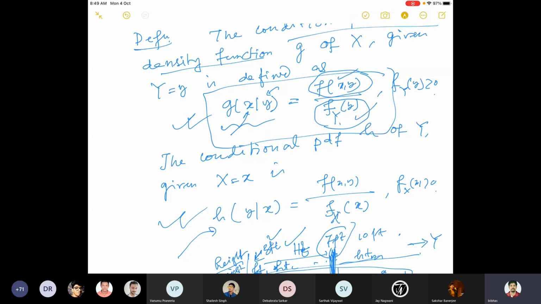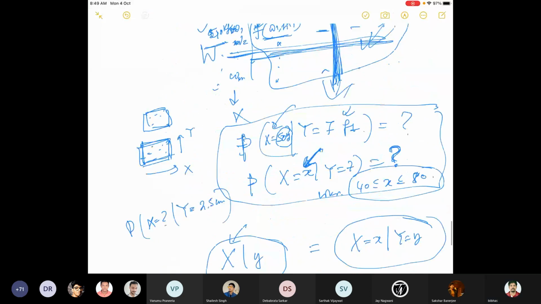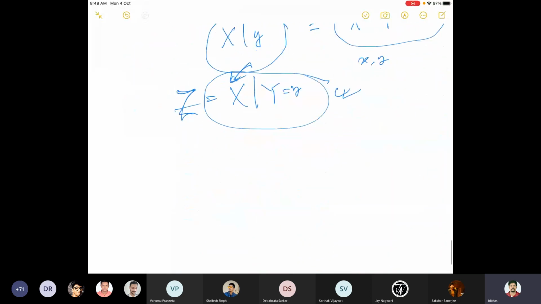Suppose you know the joint PDF, then you know the marginal PDF, so I can compute these values and then find this value. Same thing is here. Once capital X assumes some value, small x, I know the joint PDF, and from there I can find the marginal, and then I can find the probability of this. So let us solve some problem and see what is happening here. This is called the conditional PDF.